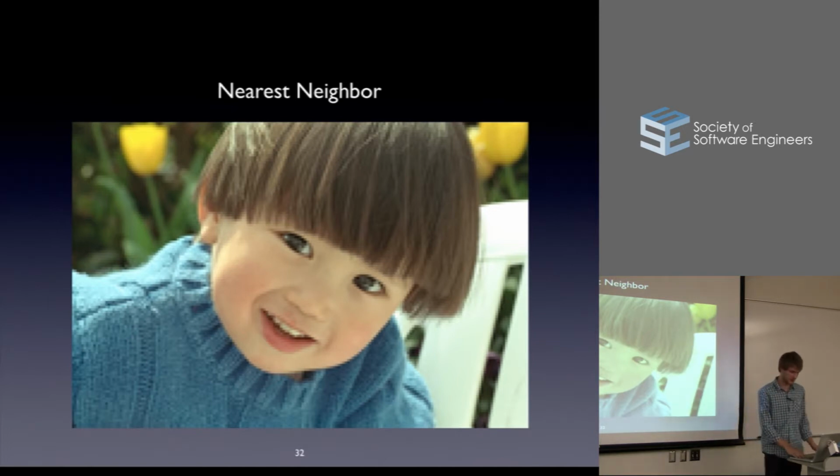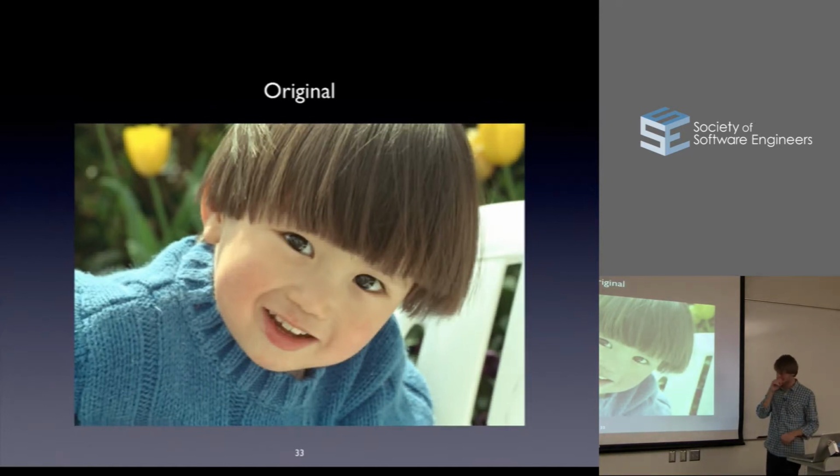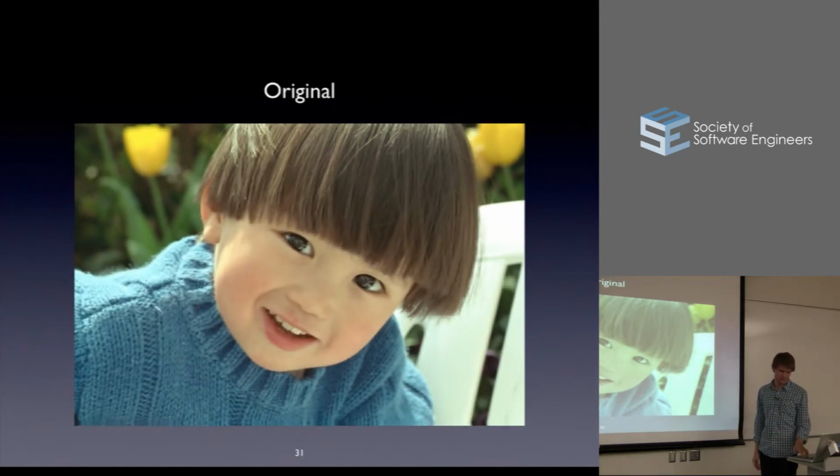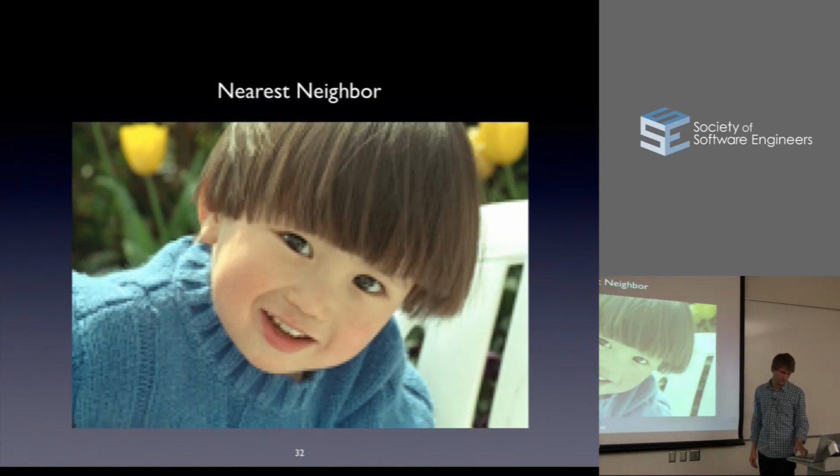The reason that we went to bicubic or bilinear interpolation was to make the image look smoother. So this is the original again, and then with bilinear, it's better, but it's a little blurry. So that would be considered an artifact, as with the blockiness in this image.